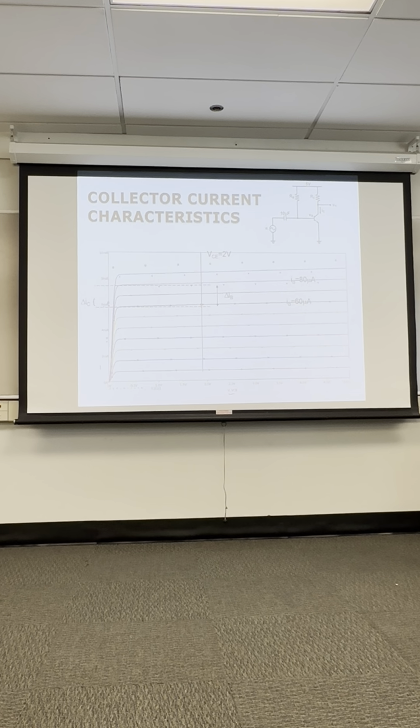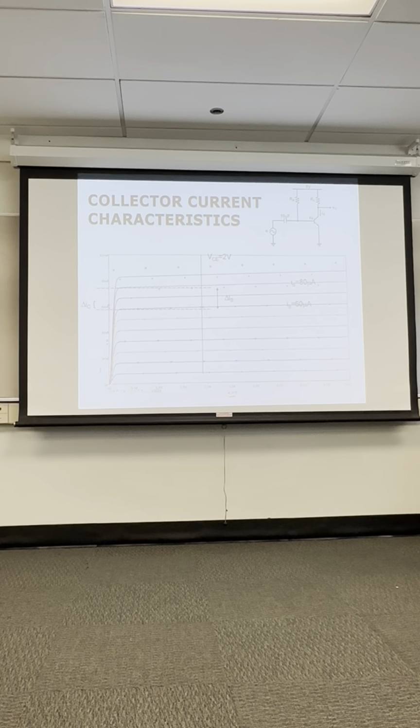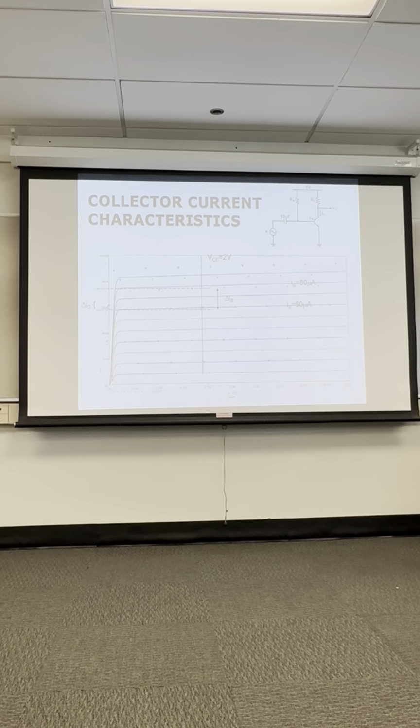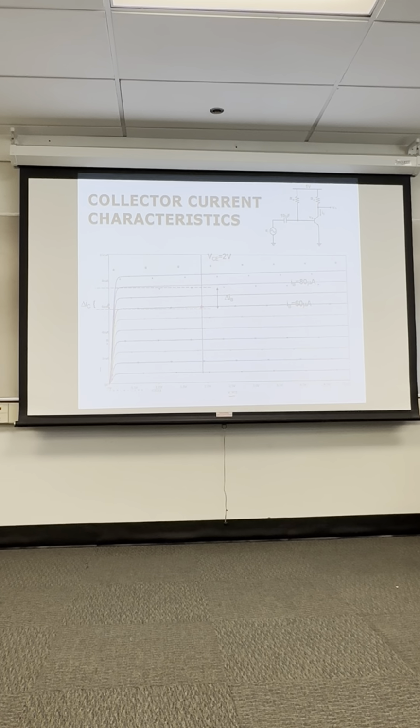Now we need a delta I sub B and a delta I sub C. The base current here goes from 60 microamps to 80 microamps, and then we get the change in the collector current. We call that delta I sub C. So let's say engineer A decides to operate their device from this point here. How many other possibilities are there on this plot for an operating point?